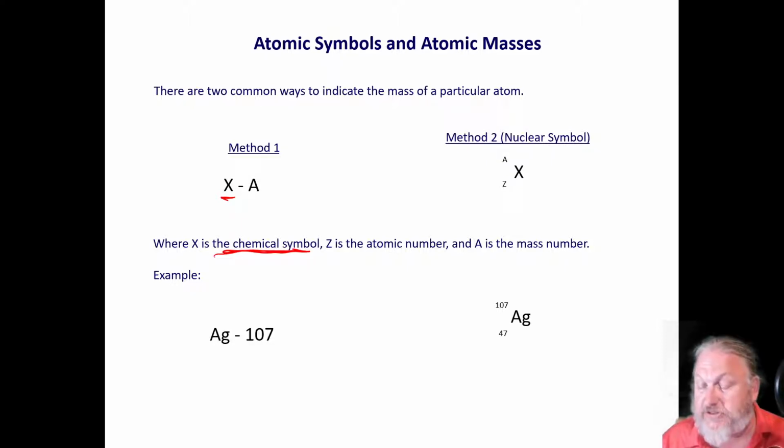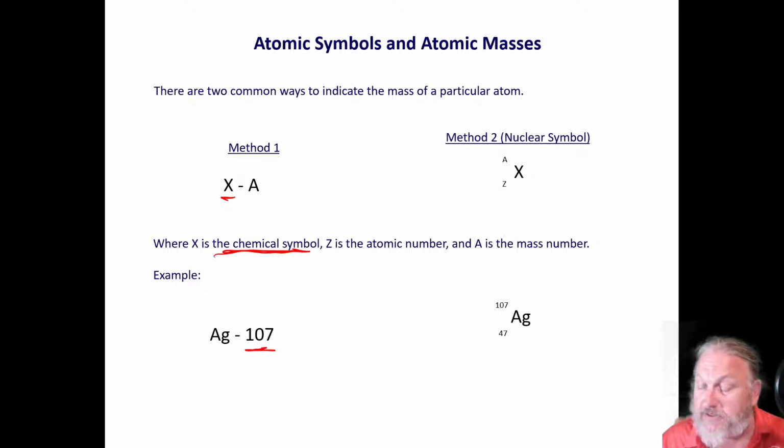Z, of course, is the atomic number, and A is the atomic mass number. So if we're going to designate silver and let us know what the atomic mass is, we take silver, Ag-107. That would be the number of protons and neutrons.